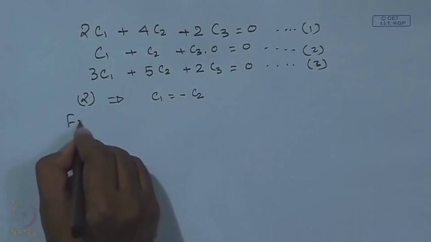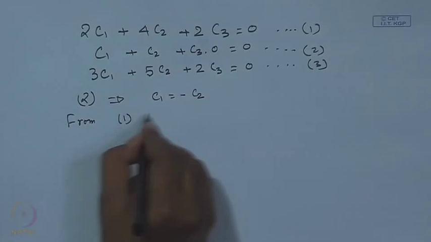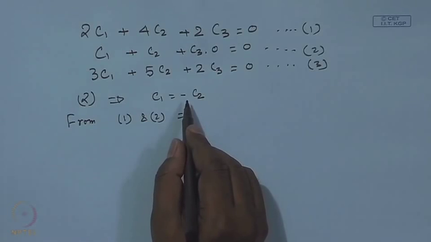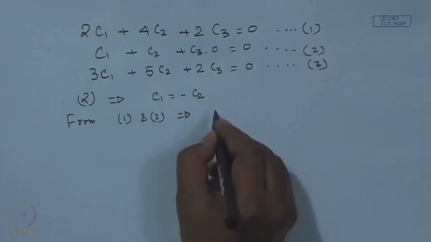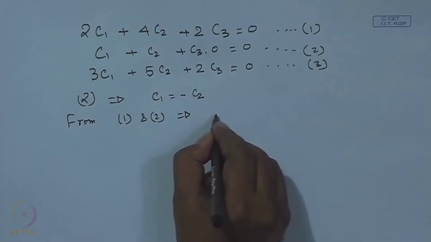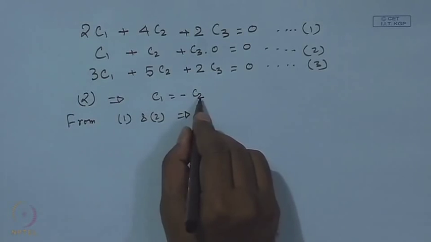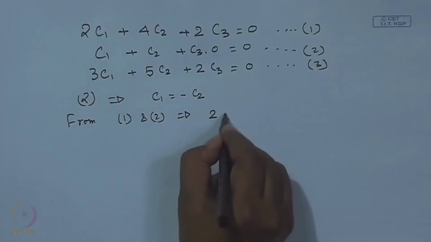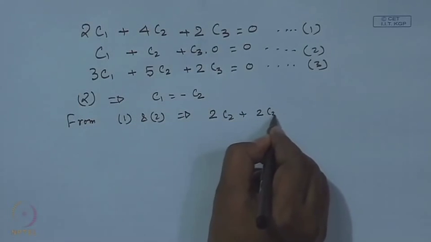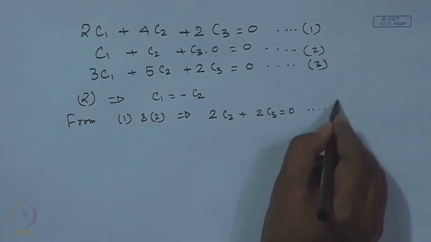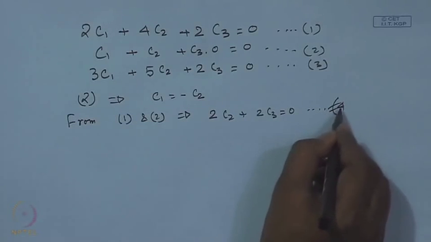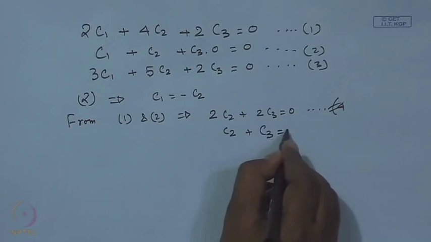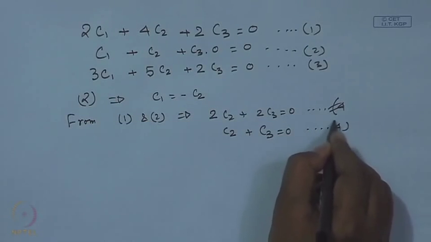Combining this with equation 1, we put C1 equal to minus C2, so it will be minus 2C2, and we get 2C2 plus 2C3 equal to 0. Simplifying further by dividing by 2, it will be C2 plus C3 equal to 0. This is equation number 4.